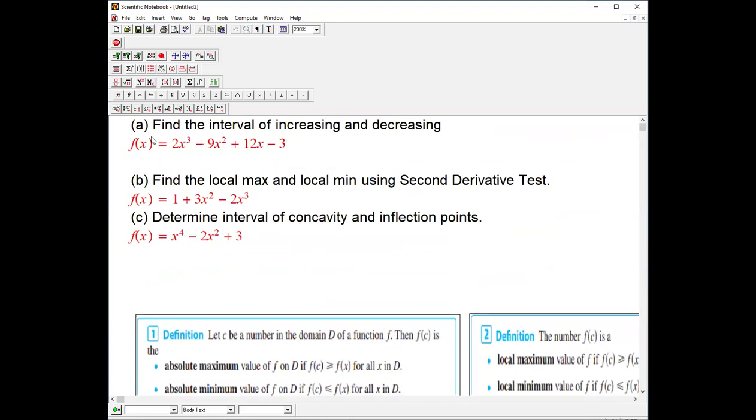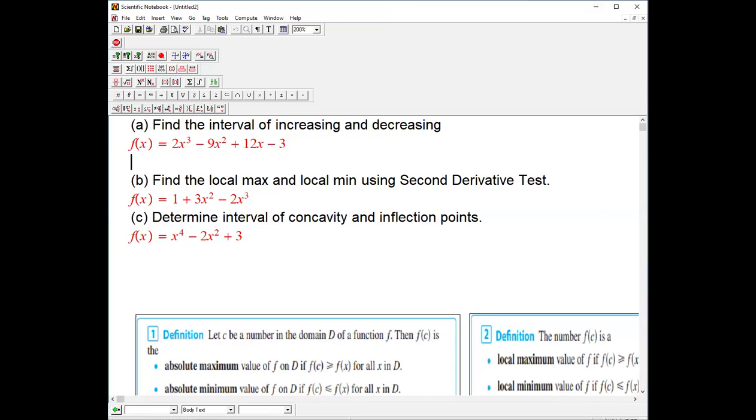First of all, for the first question, find the interval of increasing and decreasing. You don't need to do more because this question is not even asking for local max or local min. So you just need to find the interval.